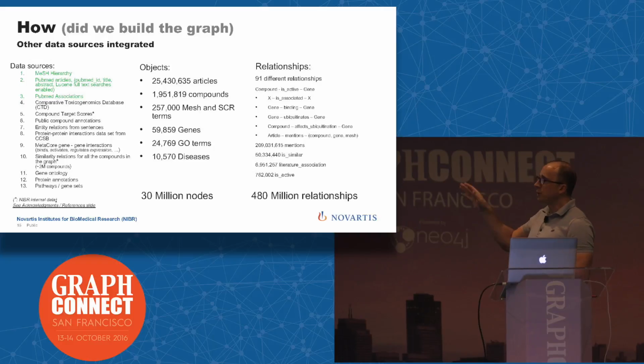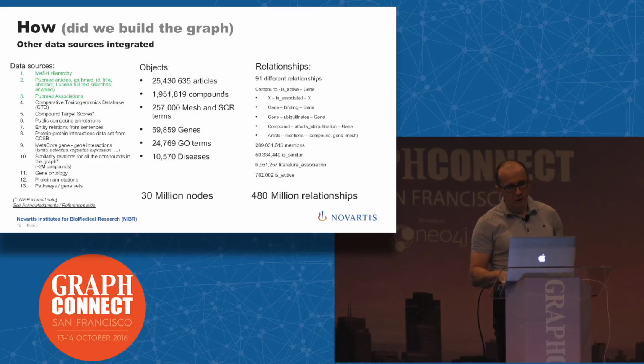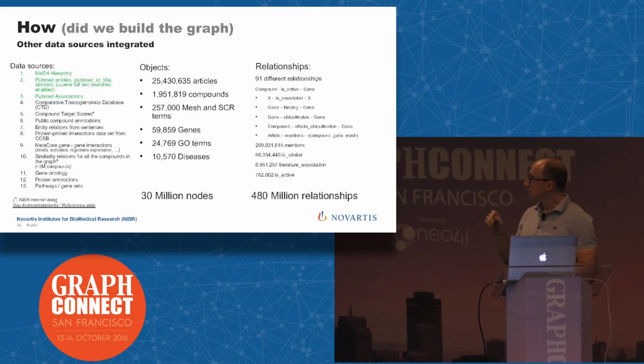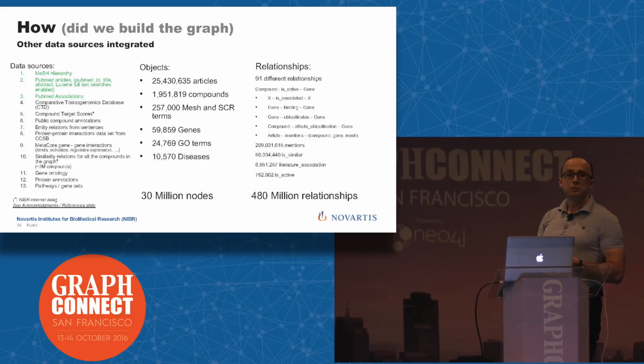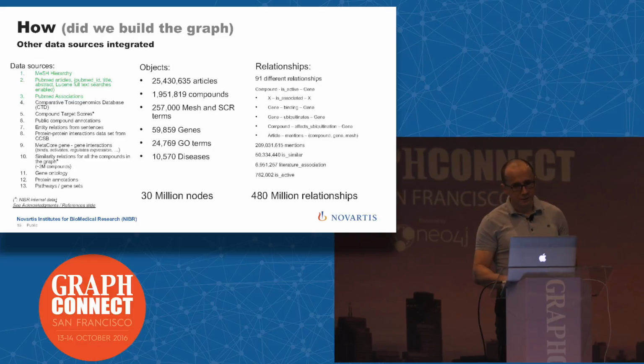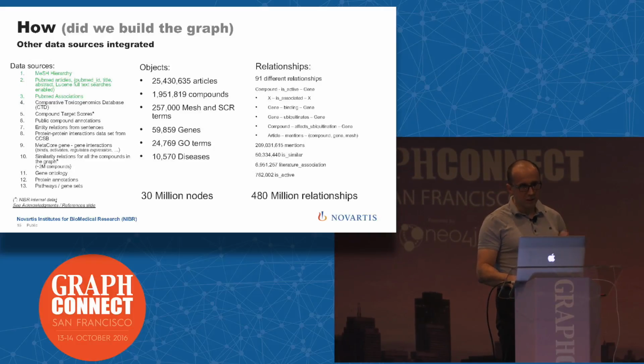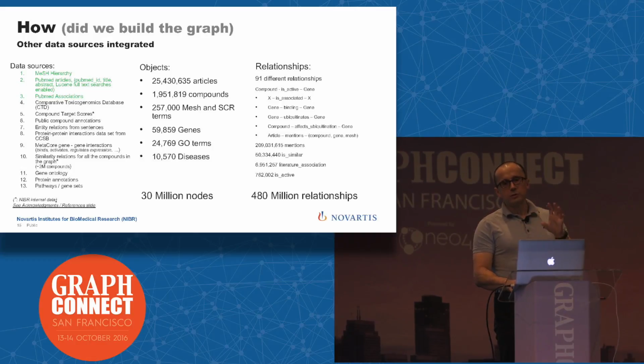And we're also putting the articles in there, and the majority of these nodes are these articles. For us, what is especially important is we have about 2 million compounds. So that for us is a really important number. But we're not going to use this to identify new genes or anything like that.